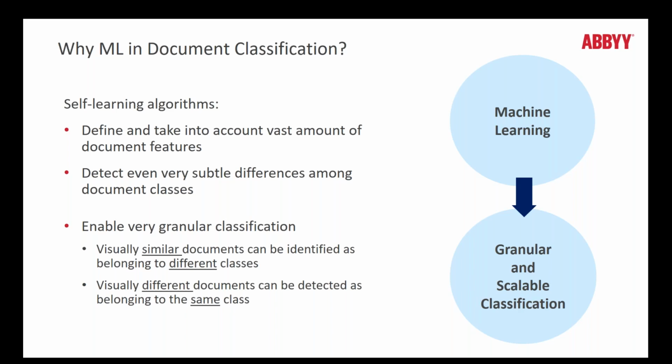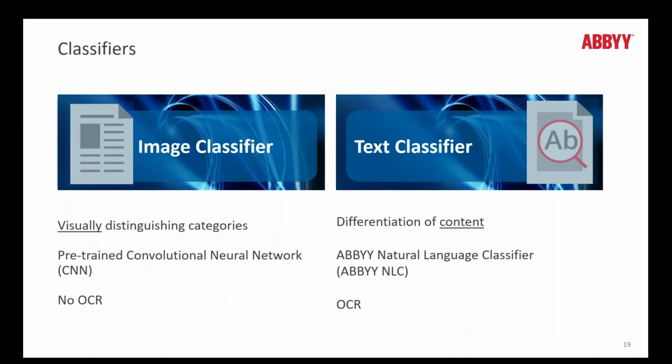As long as we would present to our technology enough samples of those documents, all of those documents, even if they are visually very different, they are in different languages, could be identified as an ID document. And this is the example of visually different documents which can be detected as belonging to the same class, and I will show you shortly an example.